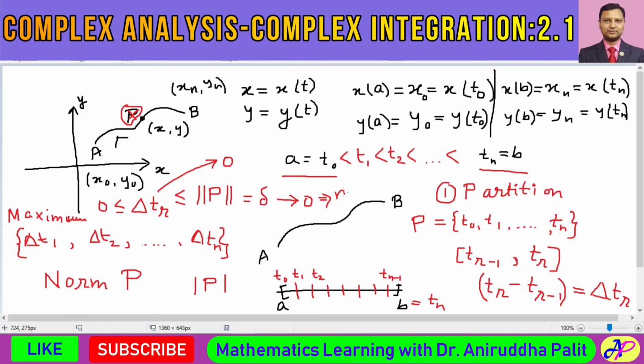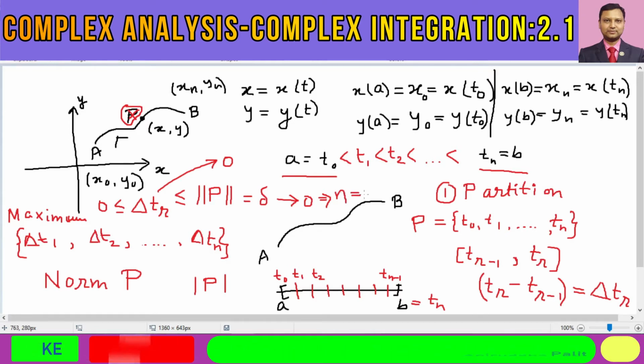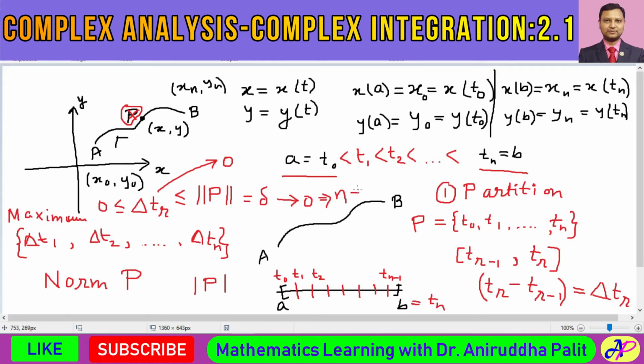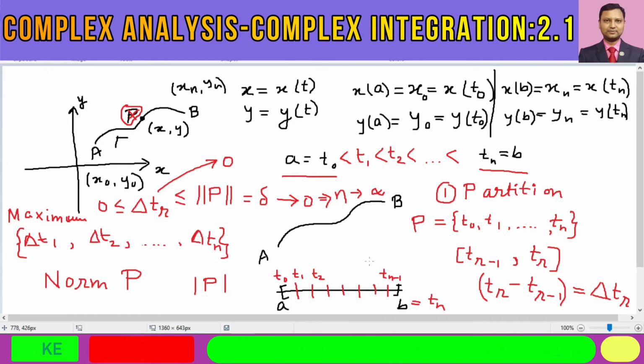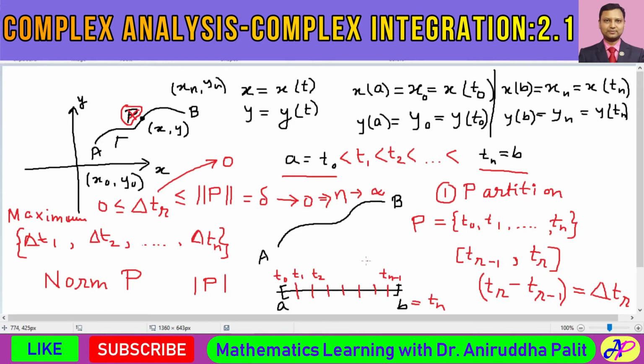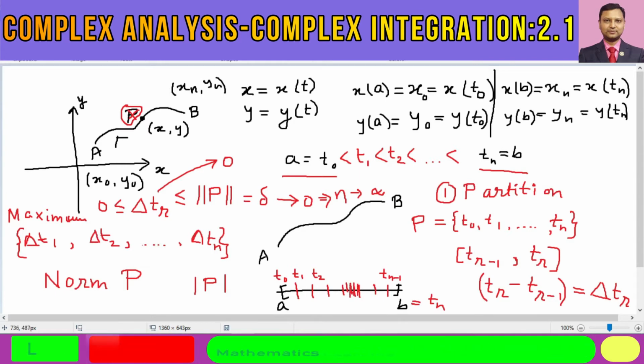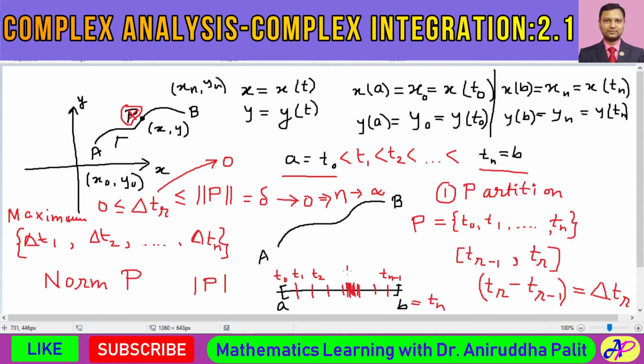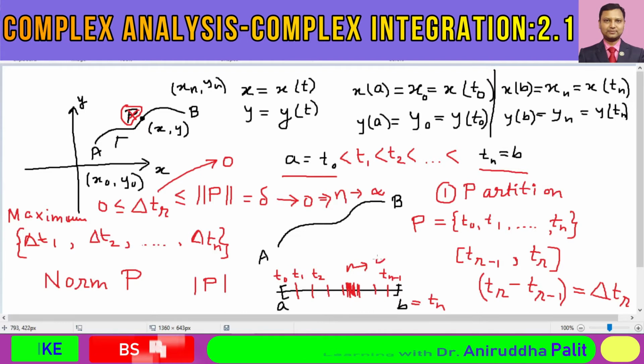This is not r, it just looks like r. N tends to infinity. So delta tending to 0 means the number of partitions n tends to infinity. But the converse result is not true. If n is tending to infinity, the number of partitions is a large number, but over here we can divide only one single subinterval so that n tends to infinity.